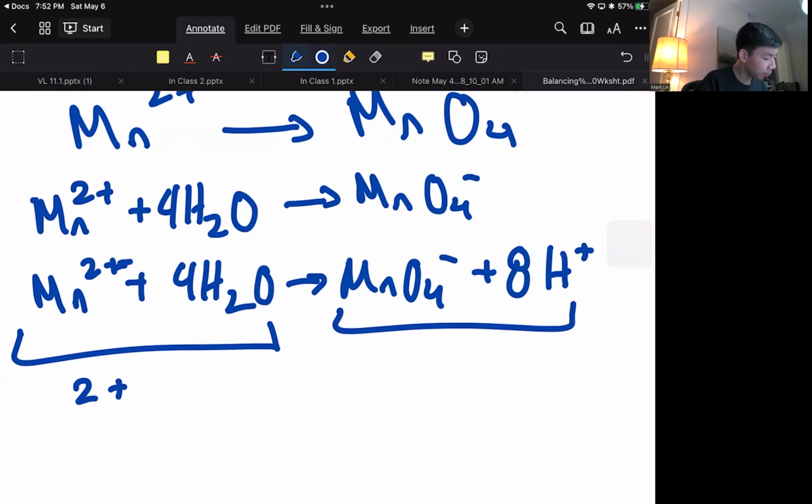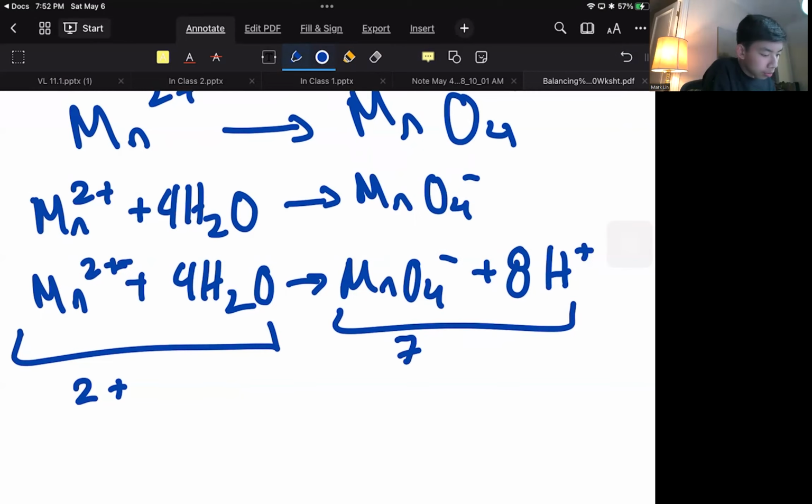Over here, it's -1 plus 8, since there are 8 hydrogens and each is +1. So 8 minus 1 is 7. There's an imbalance in charges, because one side has 7 and the other side has 2.